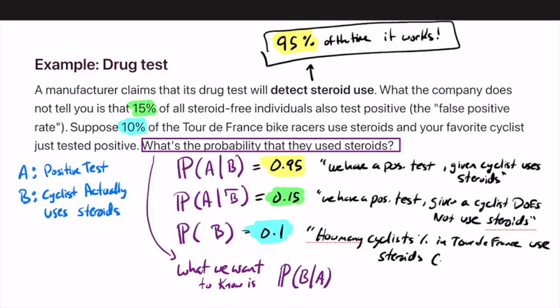So this is the real steroid rate. Okay. And what we want to know is the probability of B given A.